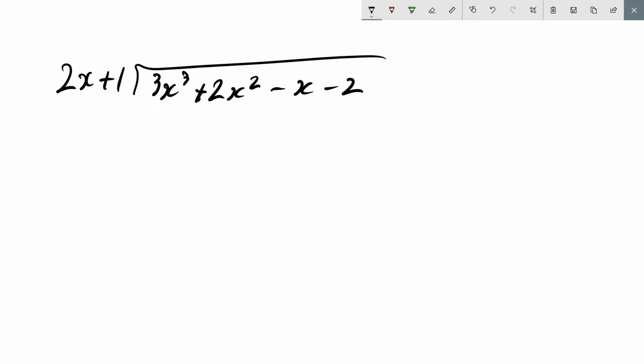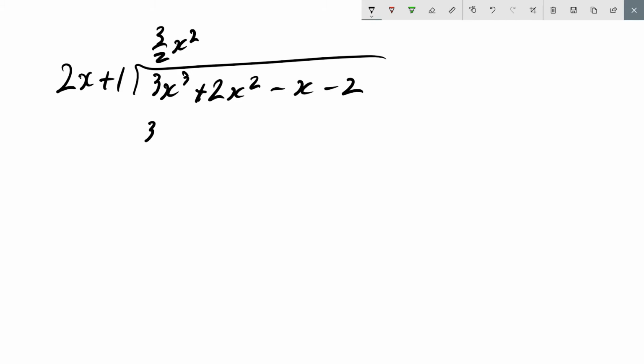I want to do one last example. Going to get some messy fractions with this, because what am I going to times 2x by to get 3x cubed? Well, I'm going to have to times by 3 over 2 x squared, right? So already you're going to see that this is going to be a very, very strange and awkward division. But it works exactly the same way.